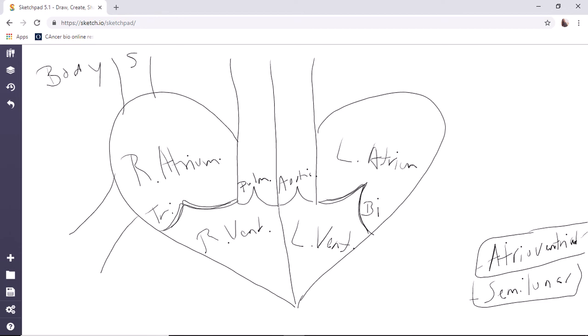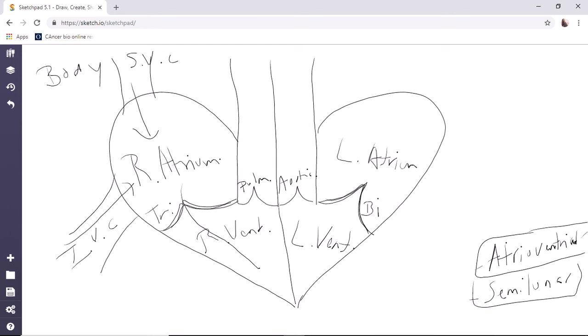It comes from the superior vena cava and the inferior vena cava, and this is how it drains into the heart, okay? So that's deoxygenated blood from your body. It comes back into the heart, through the right atrium, and through gravity, it passes through the tricuspid into the right ventricle.